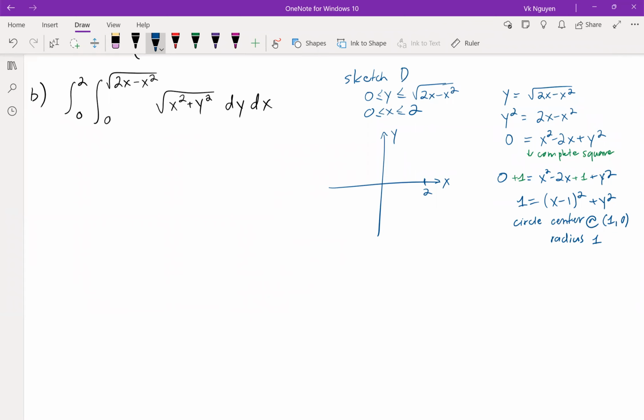We only have half of the circle though, since y equals the square root, which is the top half of the circle. So this is the top half.